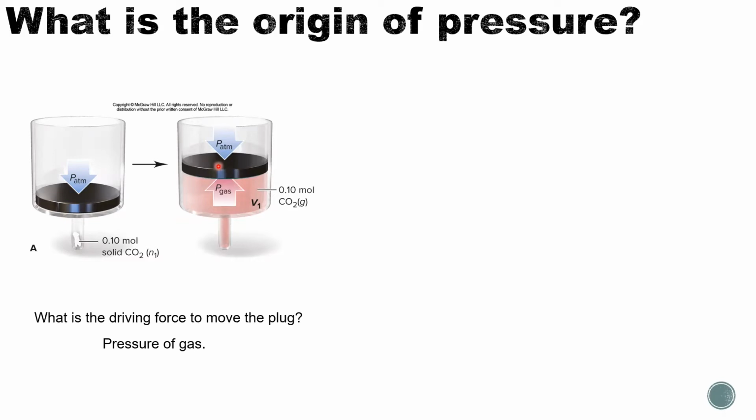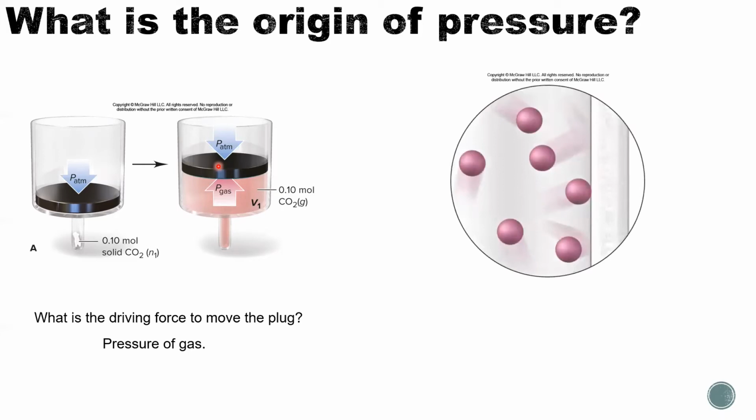So why exactly does it happen? Why can the pressure of the gas move this plug? If you look at the micro scale, which means you are looking at each gas molecule, we have thousands of these gas molecules in the container. Each of the gas molecules moves freely in the container, and when it moves freely, very likely it will eventually hit the wall of the container.